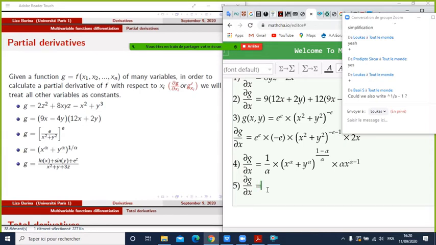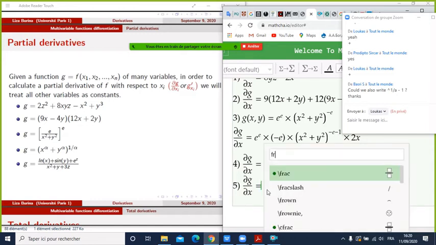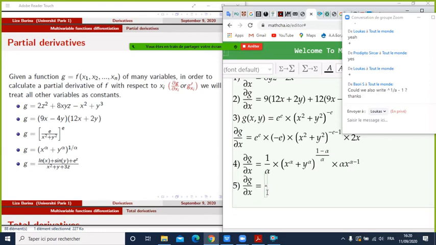Okay, perfect. Then the last one, something not super nice. Well, it's just going to be a big fraction, right? So we're treating everything other than x as constant.